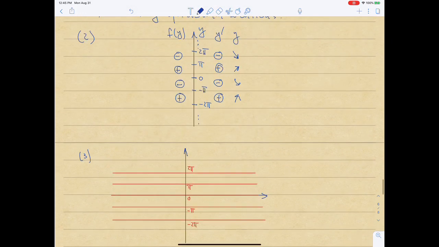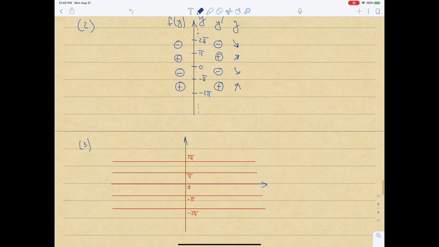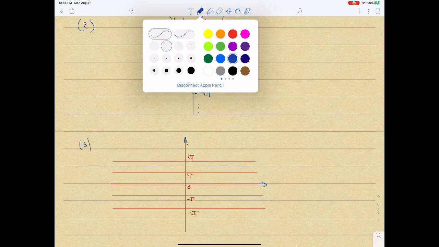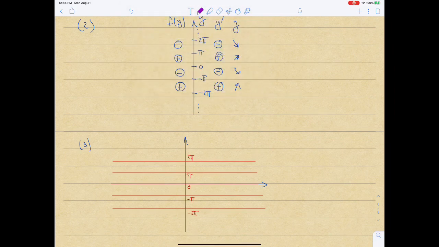And so now we can use the phase diagram to determine what the solutions are doing. Between pi and 2 pi, solutions are decreasing, and they cannot intersect equilibrium solutions.